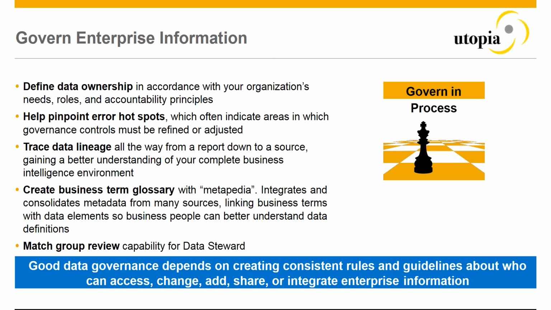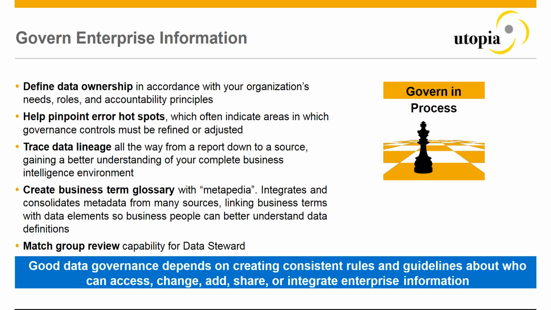Second, it helps pinpoint errors and hotspots, which are areas where governance controls are going to need to be refined or adjusted, and particularly in a migration, where you're going to want to focus your effort first in terms of remediating bad data. Tracing data lineage is actually important in terms of understanding how the data is used all the way from the report down to the source, and then gaining a better understanding of your complete BI environment.